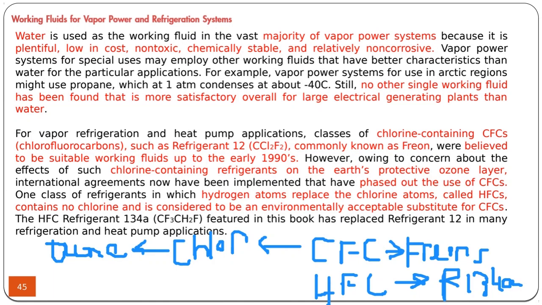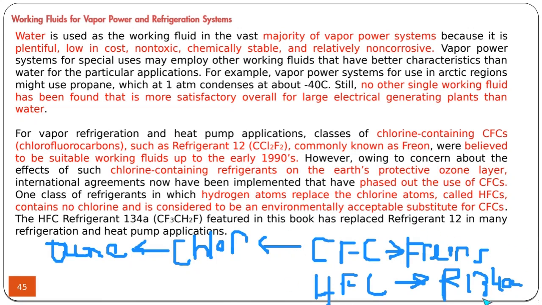And for power generation systems, the most used working fluid is water because it's abundant, it's not harmful to the environment, it's economic. So the use of water as a working fluid in vapor power generation systems is very common.